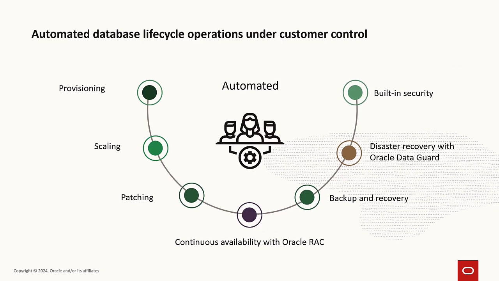With scaling, even though the auto scaling isn't going to be managed for you on the Oracle Base Database Service, what you can do is you can set an auto scaling policy. So what that's going to do is you're going to provide a utilization metric. When that metric is reached, it's going to spin another resource up.